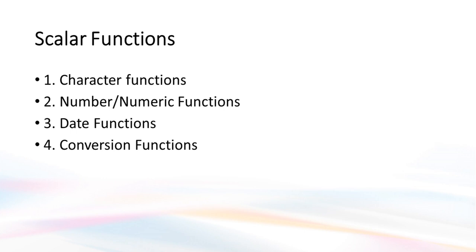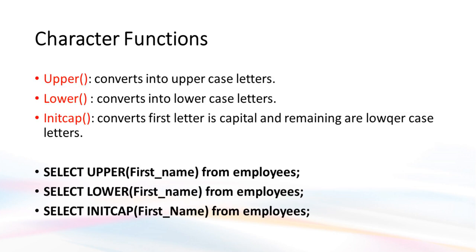Now let us see what different functions we have. Character functions work based upon letters, basically alphabets, small letters, capital letters and so on. We have three main important character functions: upper, lower, initcap. The upper function will convert a character string into uppercase letters, and lower converts into lowercase letters. Similarly, initcap converts so the first letter is a capital letter and the rest of the letters are small letters.